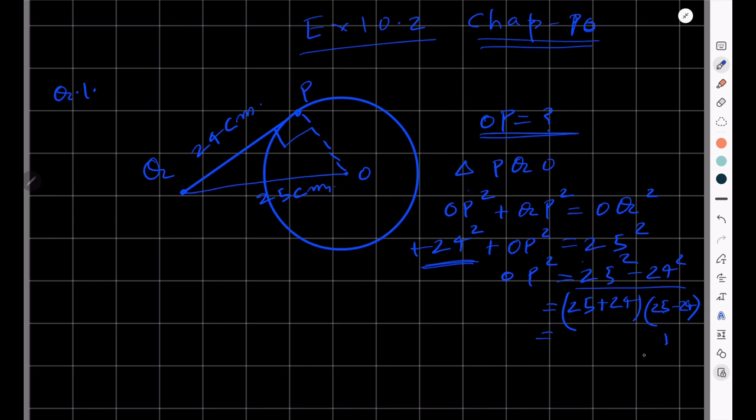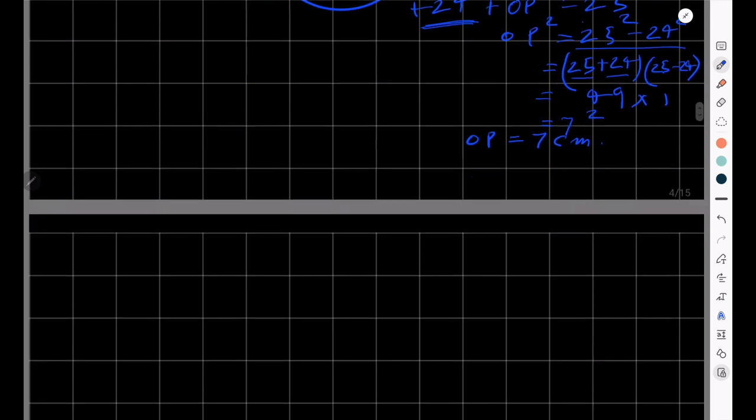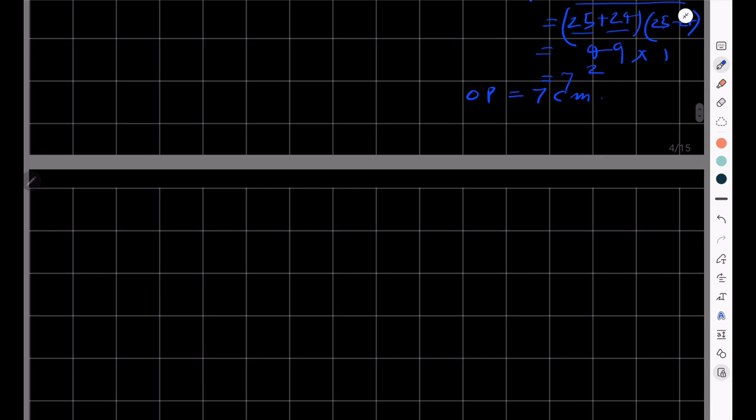So a minus b is very simple, 1. A plus b is 49, which is 7 square. So OP will be equal to 7 centimeter, and that is the answer. Let us go to question number 2.